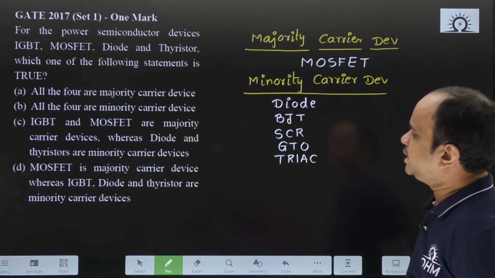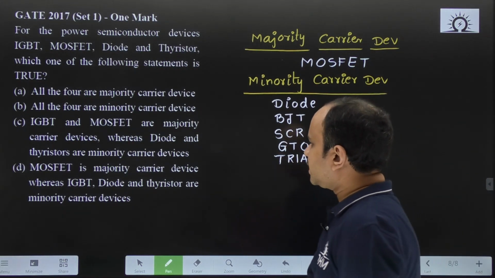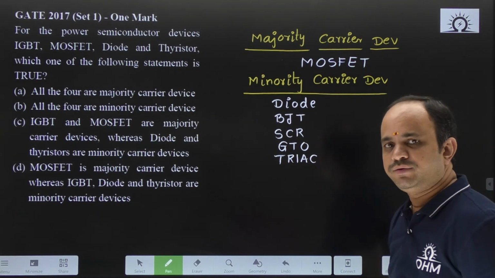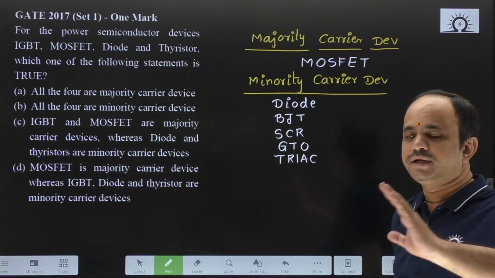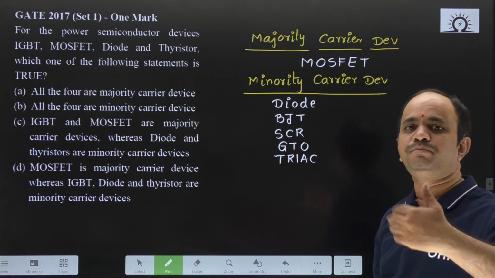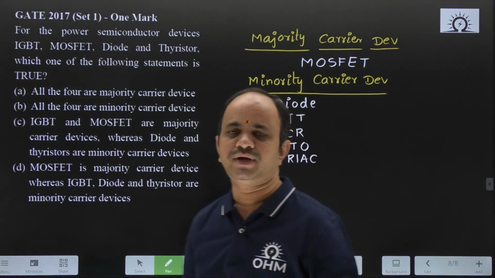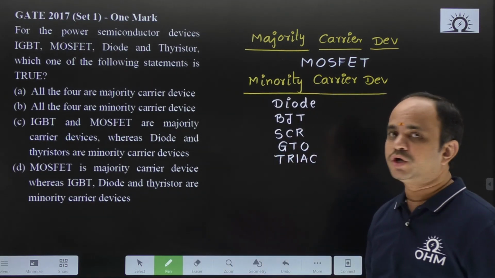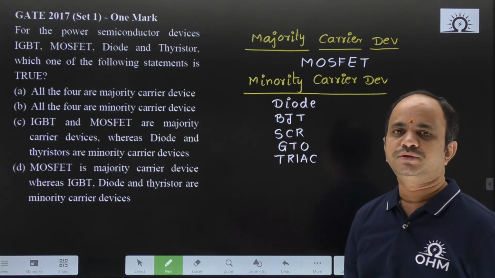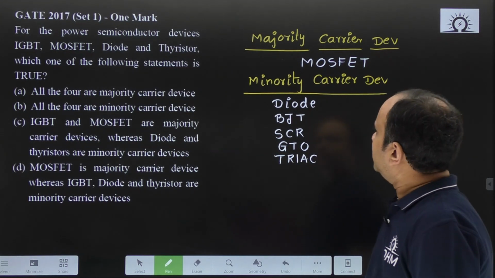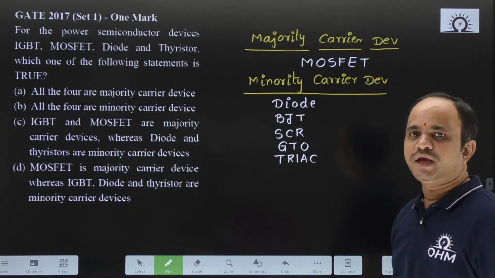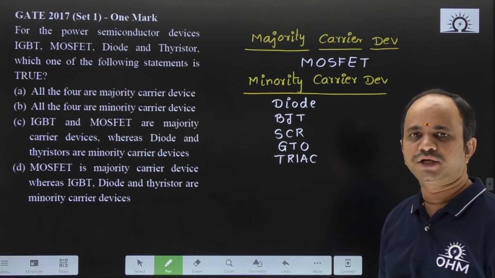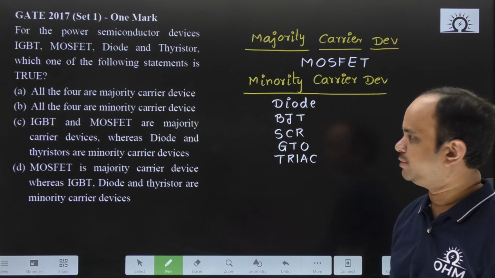But here the ambiguity is with IGBT. So, what is basically IGBT? IGBT is a voltage control device, but it is the device developed by modifying MOSFET. The construction of the MOSFET is a little bit modified in order to design this IGBT device. Now, what is that modification? MOSFET is a majority carrier device, and by introducing minority carrier injection, the IGBT device was developed.